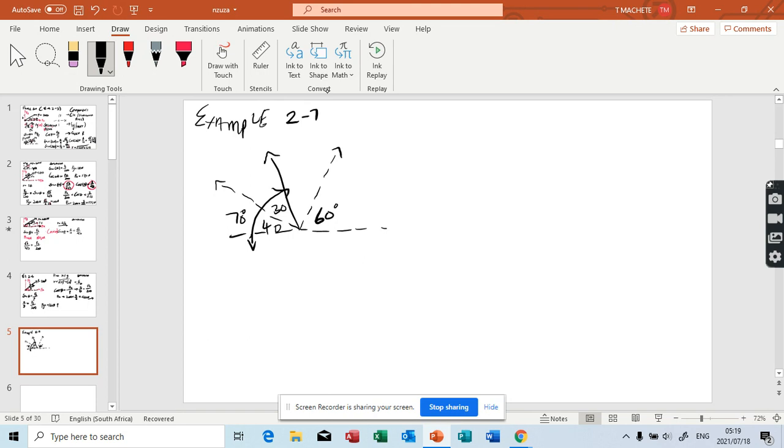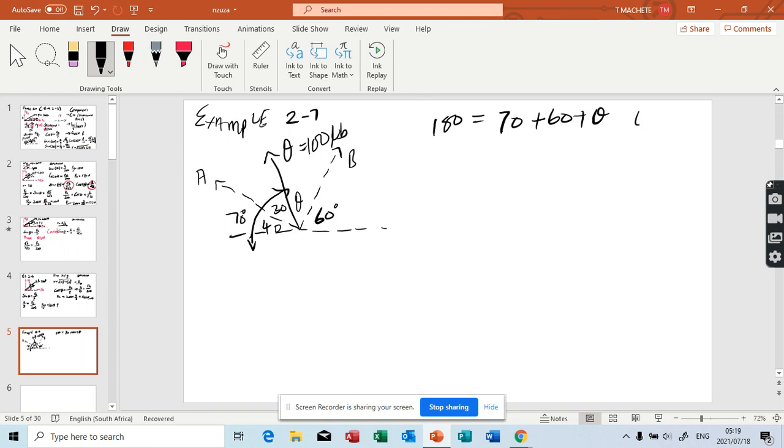And then this other one, this theta, is what? When you add them, they should give you 180. So you're gonna say 180 equals 70 plus 60 plus theta.